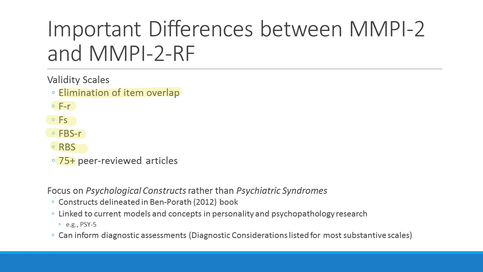Despite this focus on psychological constructs, the MMPI-2-RF scales can inform diagnostic assessments. The manual, for instance, lists various diagnostic considerations for most of the substantive scales. And also, they're not tied to any particular diagnosis. So if you take a scale like RC2, low positive emotions, which essentially measures anhedonia, well, anhedonia is relevant to a wide range of psychopathology.